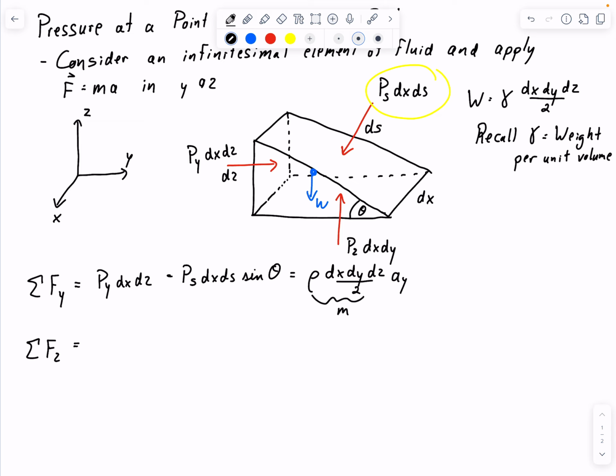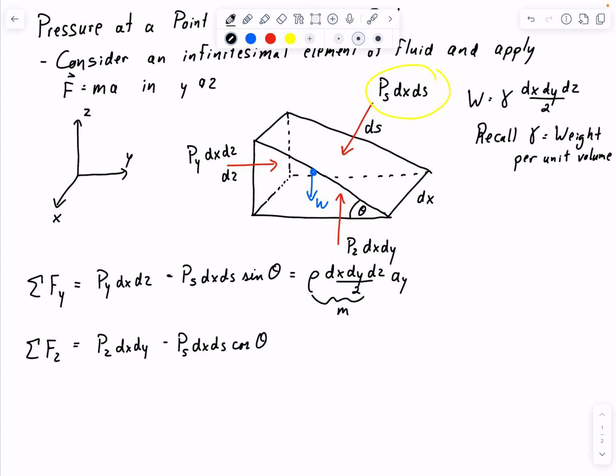So again, the z direction is vertical, and so acting upwards from the bottom face, we have this pz dx dy, acting in the positive z direction, and then acting in the negative z direction, we have ps dx ds cosine of theta.